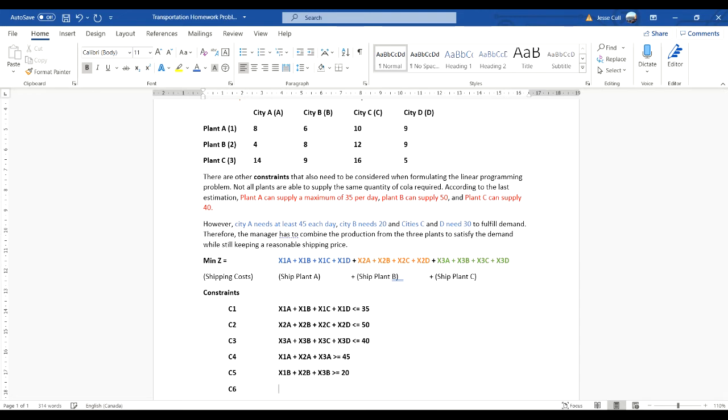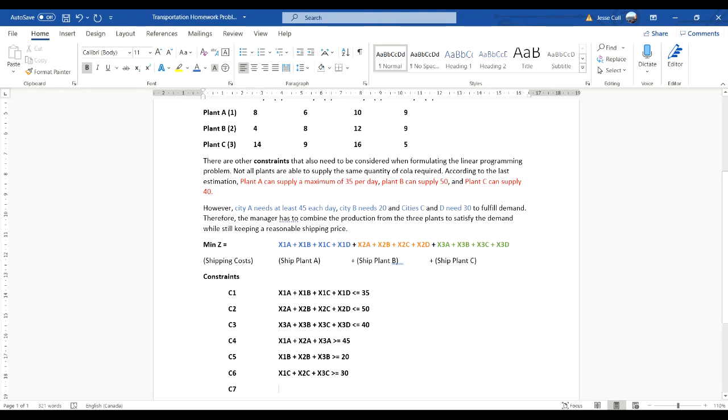One more time. X1C plus X2C plus X3C greater than or equal to 30. And the last one, X1D plus X2D plus X3D is greater than or equal to 30 again.